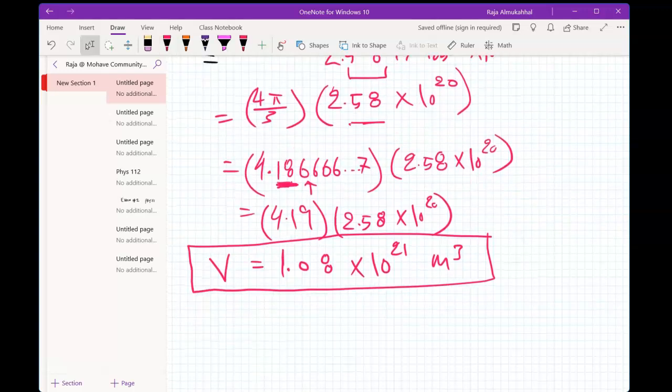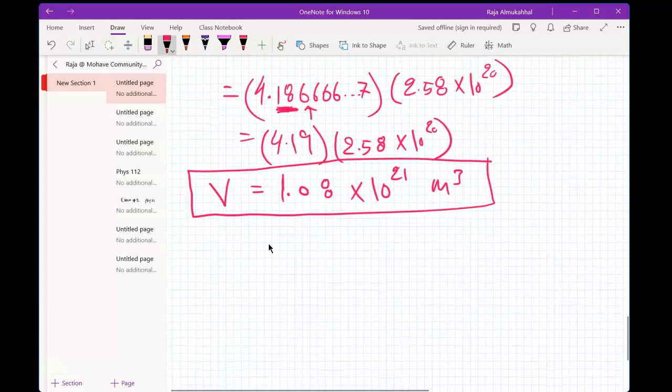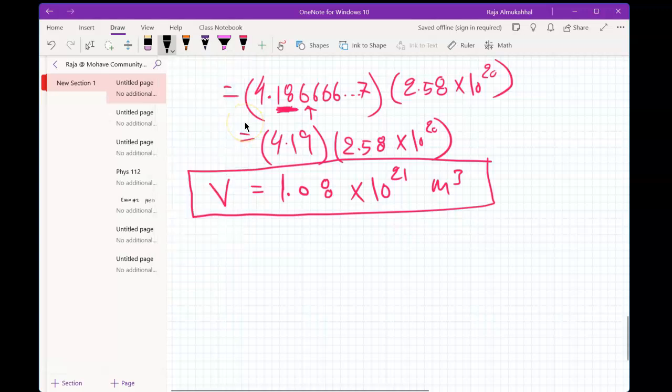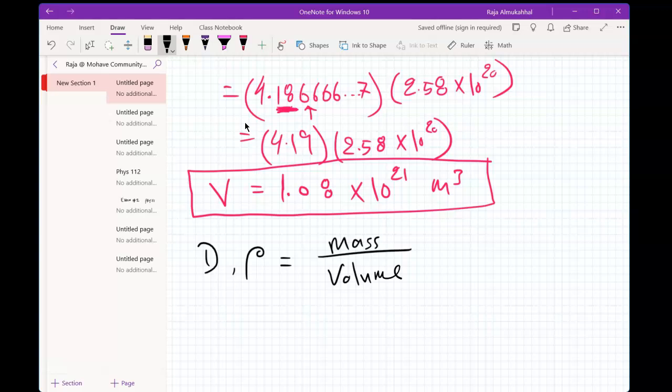Okay, so let's continue. Let's say I want to find the density of the Earth. As you know, the density, D, or sometimes written as the Greek letter rho. So you may see rho or big D for density. Density, or rho, is mass over volume, right?